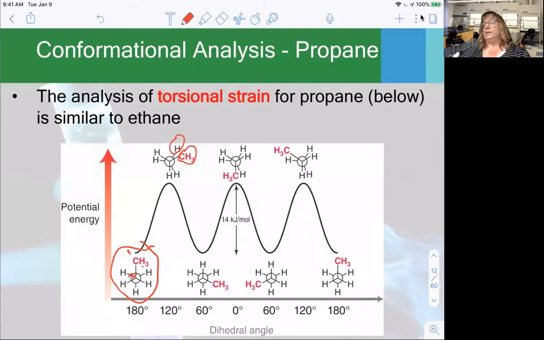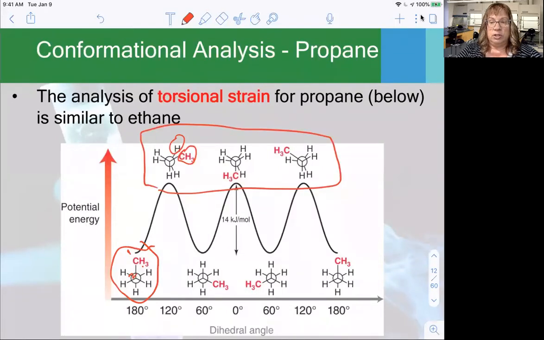What you're going to notice is that all 3 of these high energy conformations are also energetically equivalent. I always have 2 hydrogen-hydrogen interactions and 1 hydrogen-methyl interaction.